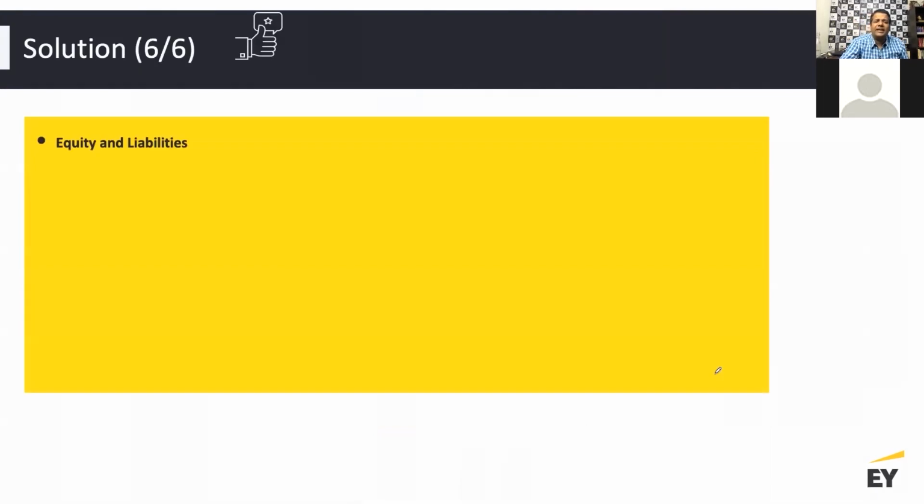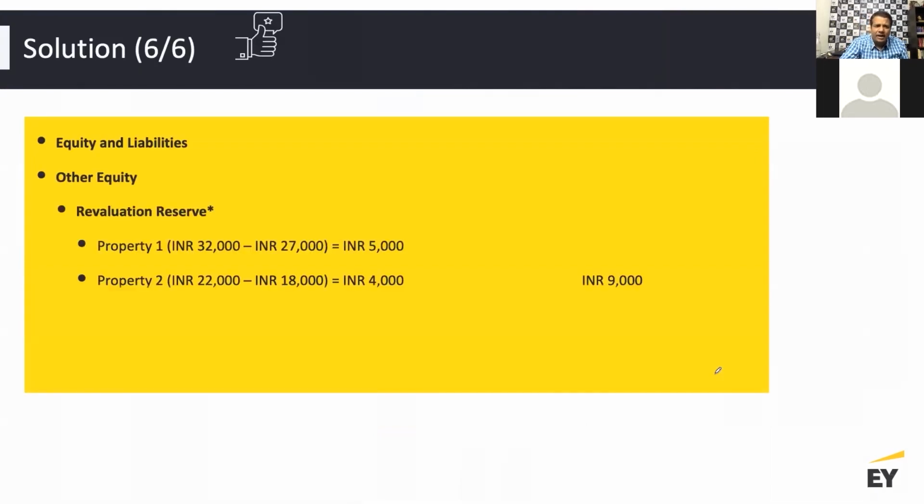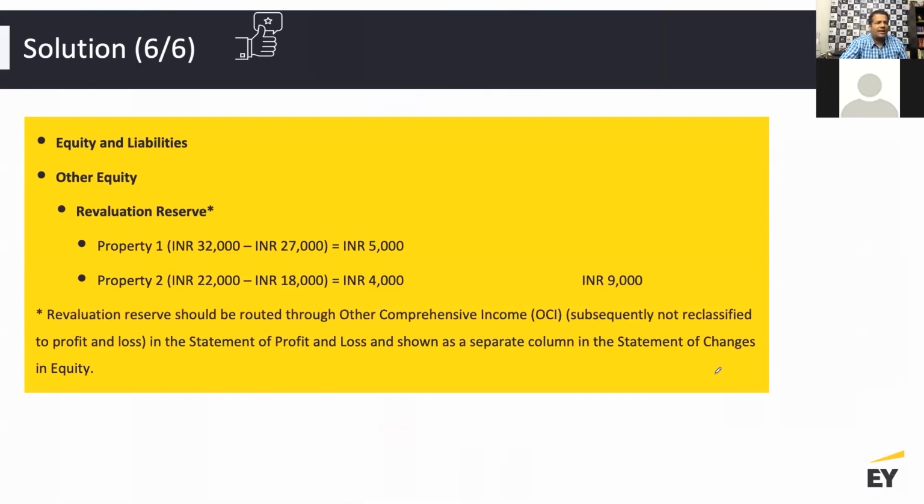So all of that is what you need to understand and determine, and then appropriately disclose. My revaluation reserve, which goes into other equity, is 5,000, which is 32,000 minus 27,000. My property 2 is 22,000 minus 18,000, which is 4,000. So how much goes into my revaluation surplus is 9,000, right?